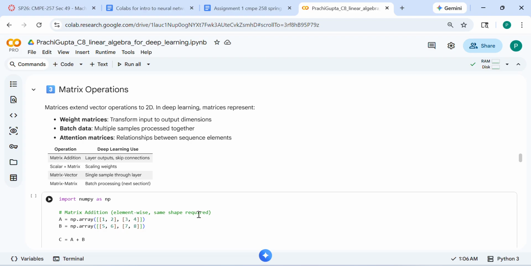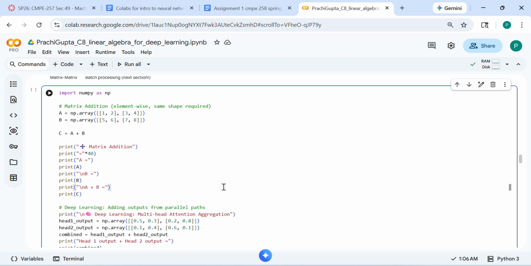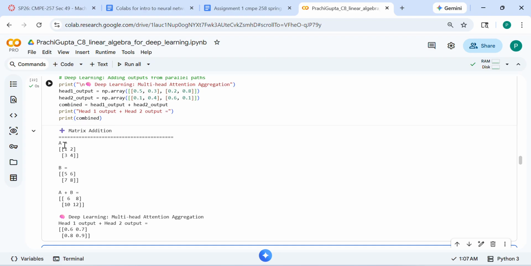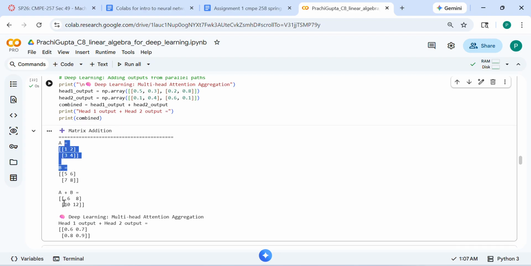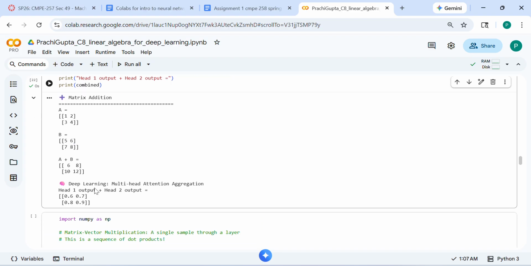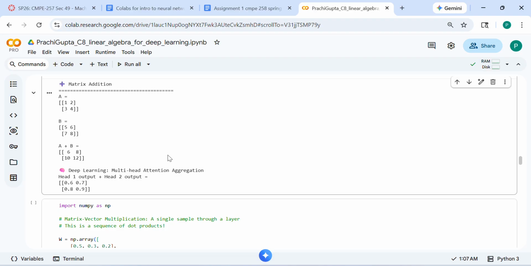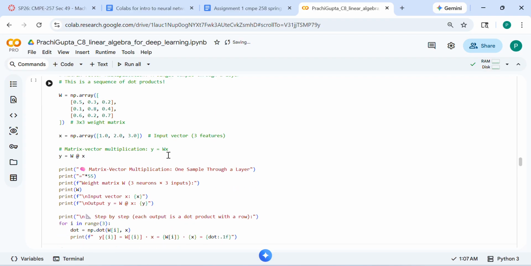So let me just run it and let's see. If A is equal to this and B is equal to this, the simple addition is the addition of the positions, like 00 adds to 00, 01 adds to 01. Similarly all the addition happens and that's all for the matrix addition.